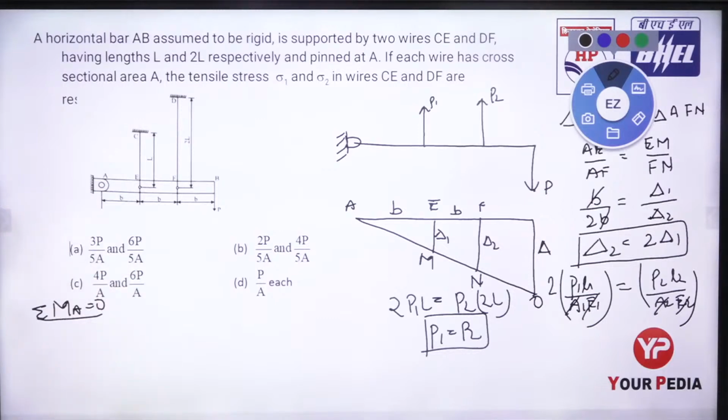So here, first of all, assume some assumptions. Take one as clockwise and the other as anti-clockwise. If you take clockwise as positive, assume anti-clockwise as negative.